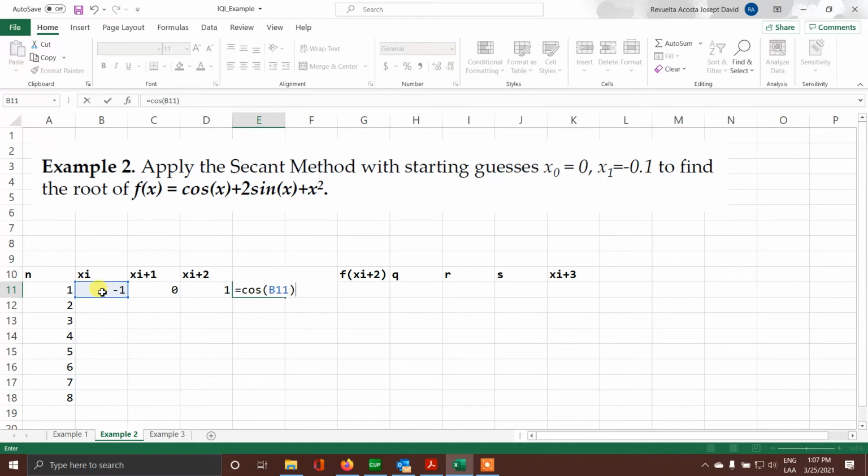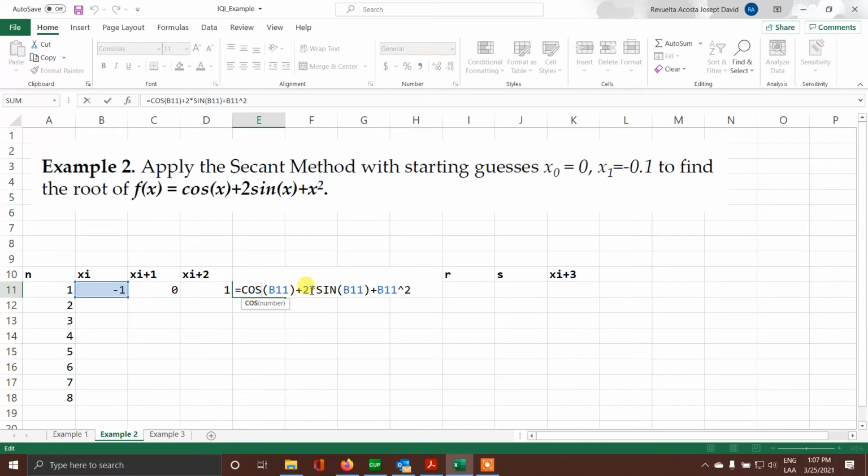So that's the function that we have here. This is the function evaluated: cosine of x plus 2 sine of x plus x squared. Sorry, x squared. So if we just do this, we already know that this is x plus 1 here, which is 0, 0, 0. It's going to be 1, of course.